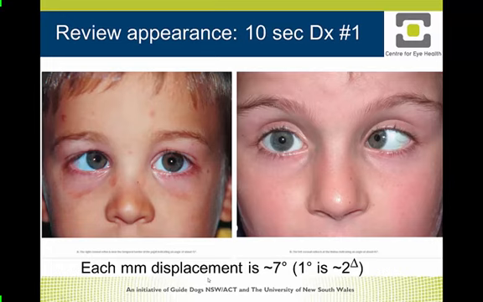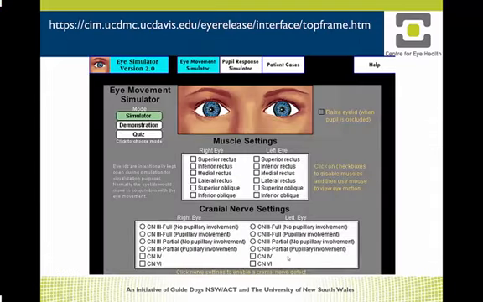And there's a little rule that you can estimate the turn in the eye, which is clearly more in this child here, where the reflex is close to the limbus compared to the child on the left. And here's the rule: each millimeter displacement is approximately 7 degrees, which corresponds to about 14-15 prism diopters.